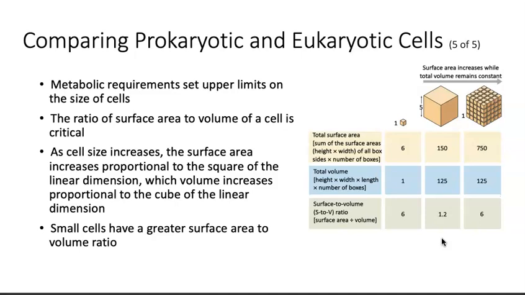However, importantly, if you start dividing that big cell into smaller structures, think about these as the internal compartments of the cell, your surface area gets even bigger, even though your volume stays the same, because each of these little things has its own surface. And that's the genius of having organelles. Organelles increase surface area even when volume is not increased. So the surface to volume ratio there is back to a nice round 6.